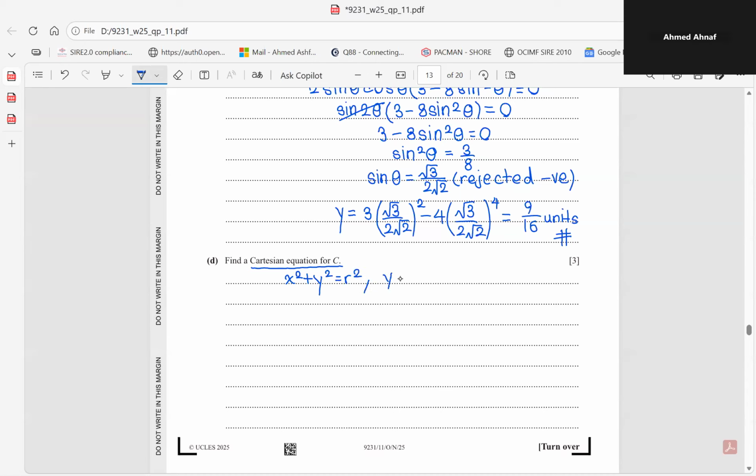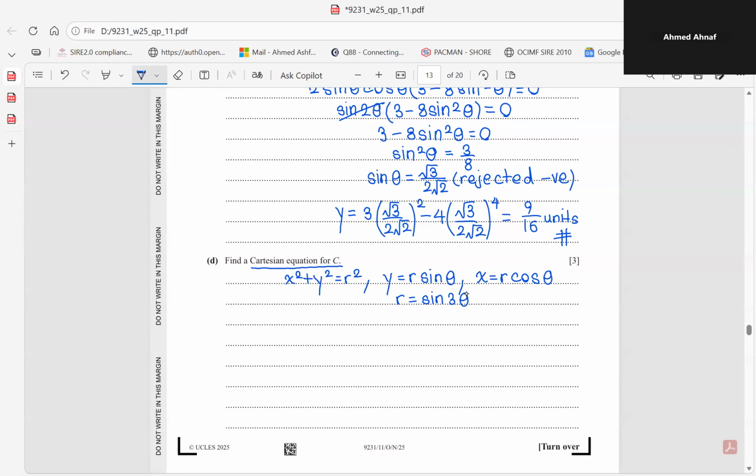The second one is y equals to r sine theta. And the third one is x equals to r cosine theta. Okay, so let's write down our original polar equation, which is just r equals to sine 3 theta.